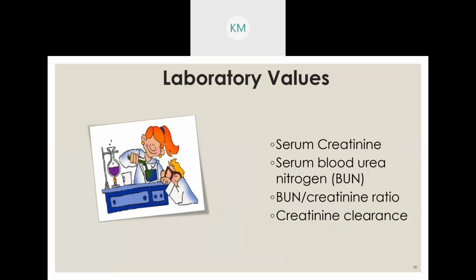Now, serum creatinine alert. The same serum creatinine level can reflect very different filtration rates in patients because of differences in muscle mass. For example, a 25-year-old man weighing 220 pounds with a serum creatinine level of 1.2 has an estimated GFR of 133, which is normal.